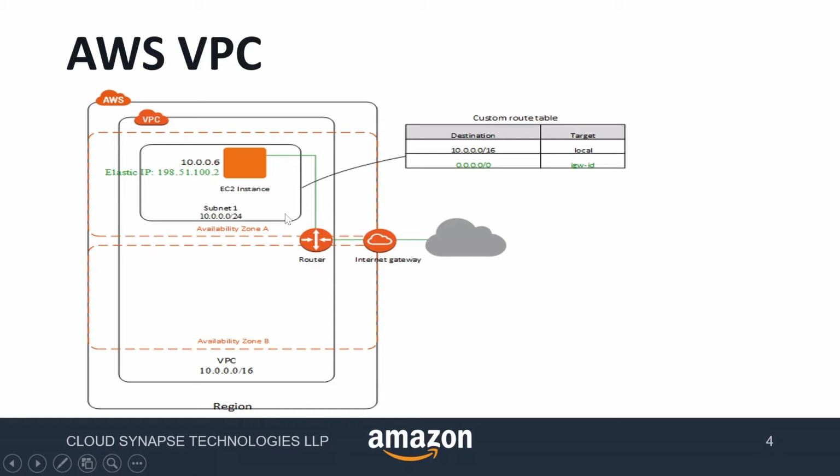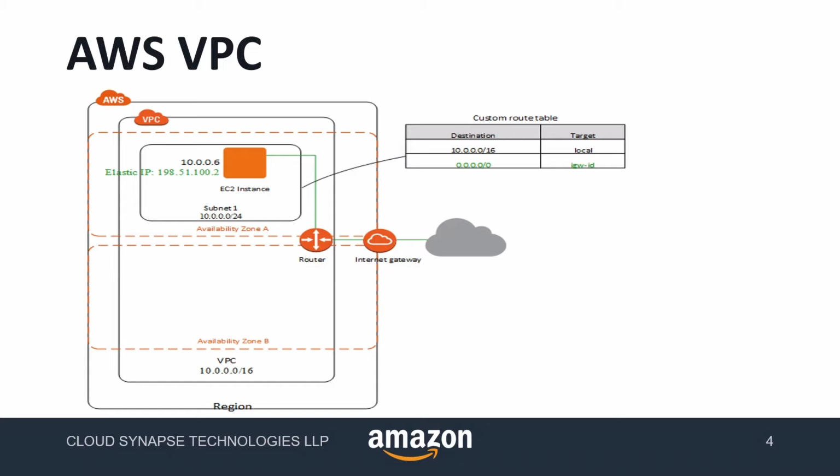And then the internet gateway. When you create a VPC, it will become private, and even the user who is creating the VPC cannot access the EC2 instance. So in that case, we should have internet access for that VPC.